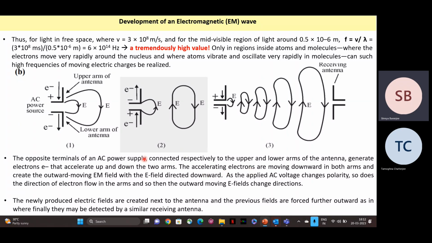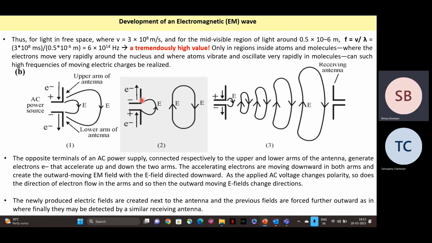So the accelerating electrons are moving downwards in both the upper arm and the lower arm. And so the electron is oscillating first downwards, then upwards. So the oscillation of the electron is creating an electromagnetic wave moving outwards. And the frequency of the wave will be the same as the frequency of this oscillating electron.